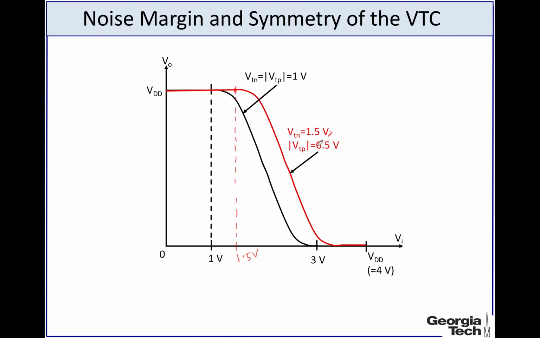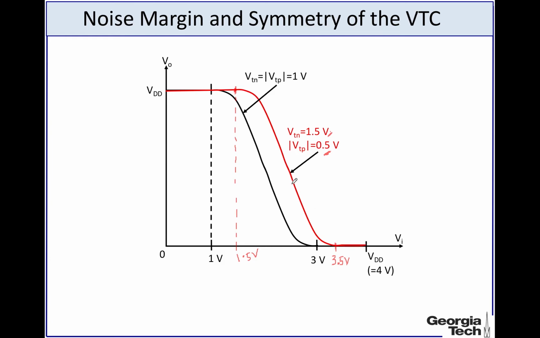And similarly, when the input voltage is above VDD minus 0.5 volts, which is the threshold voltage of the P-type MOSFET, basically between 3.5 volts and 4 volts, the P MOSFET will be off, and as a result the output voltage will be 0.